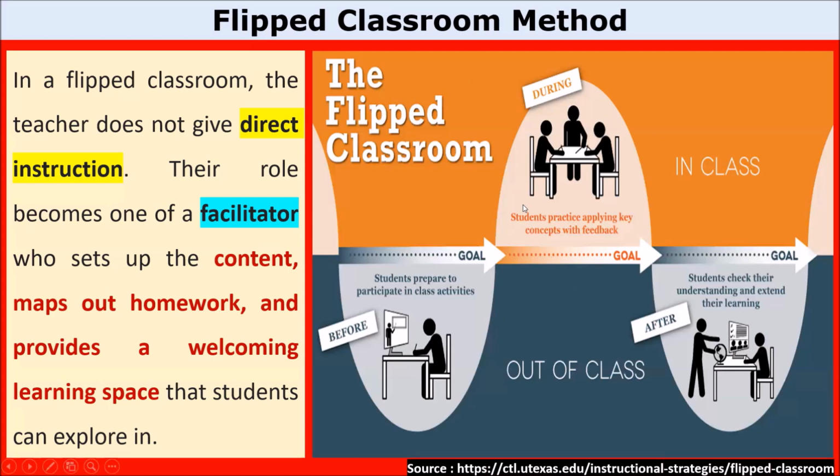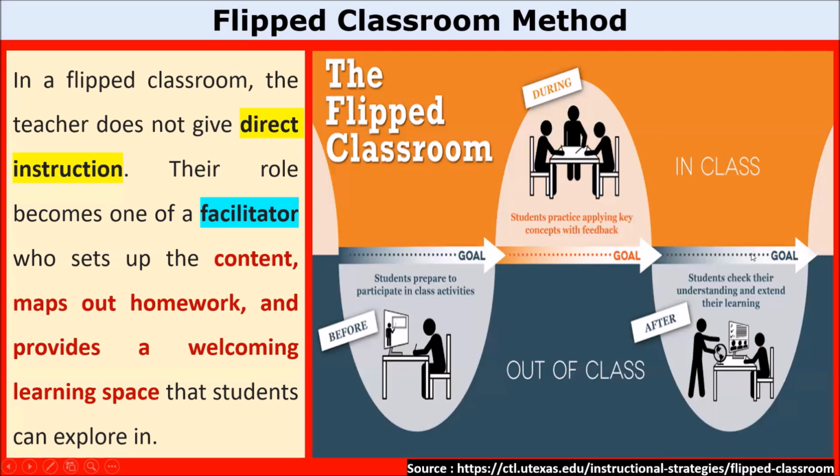Then during the classroom, we should plan activities to improve students' analysis and applying skill. According to Bloom's taxonomy, that's the second, third, and fourth step. Our activities should develop students' analyzing and applying skill.